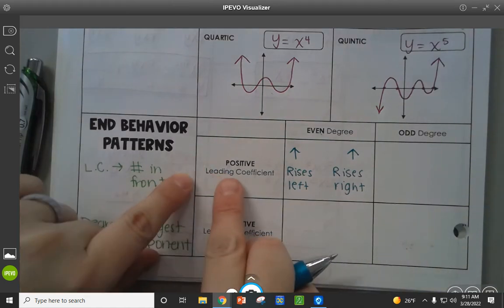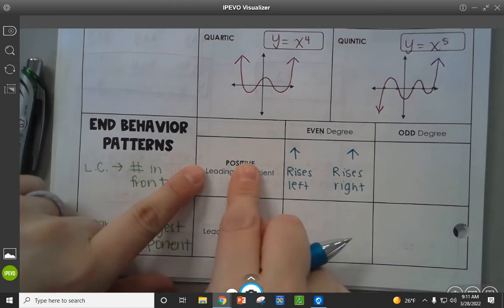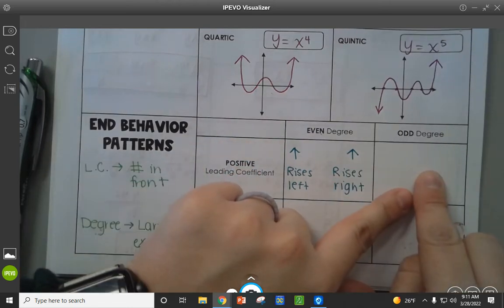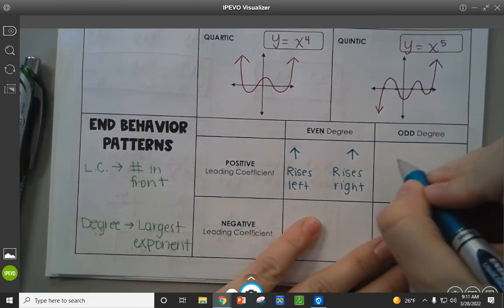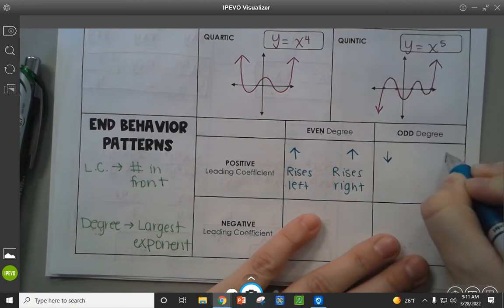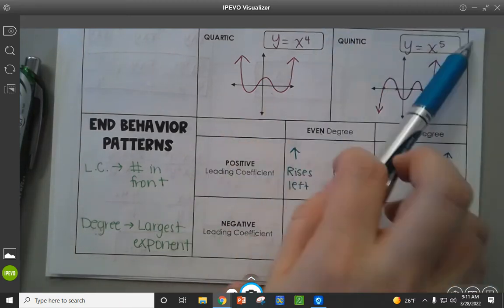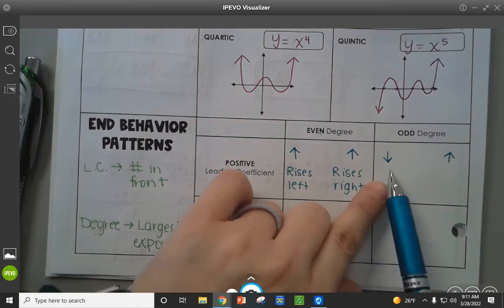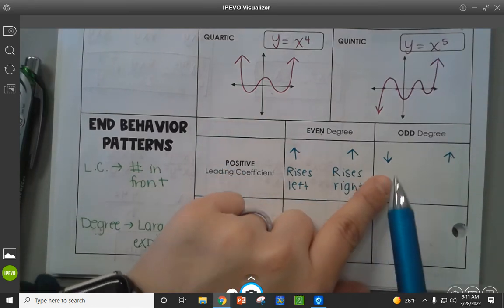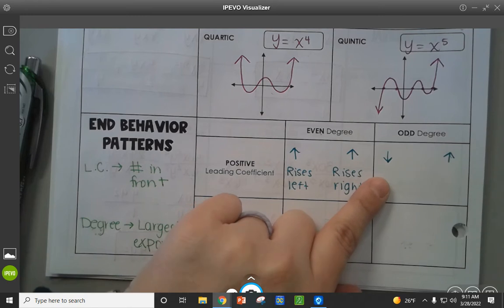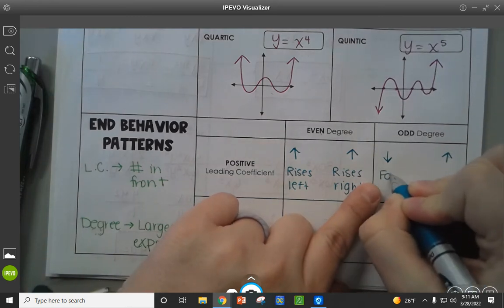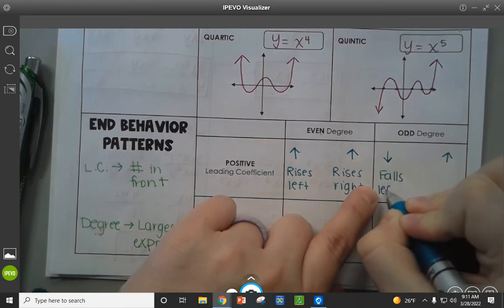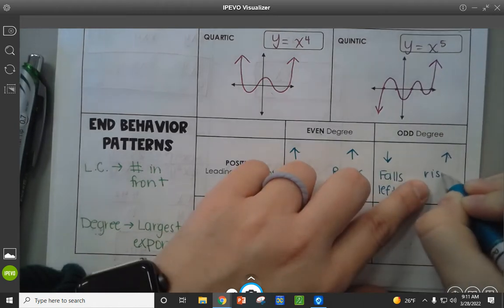Now, if we have a positive number in the front and an odd degree, then your arrows are like this, much like the x to the third and the x to the fifth. So on the left side, it's pointing down, which we use the word falls. So it falls left, rises right.